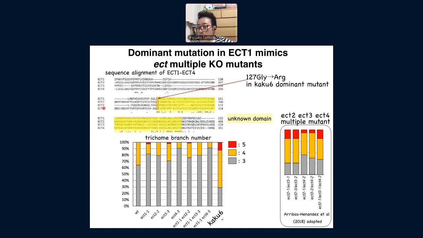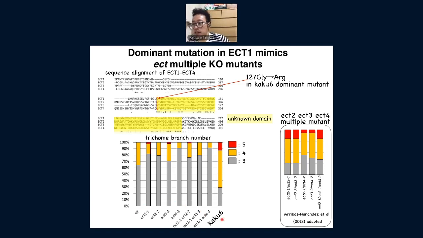This is a sequence alignment between ECT1, 2, 3, and 4. The glycine residue mutated in KAK6 is fully conserved in these ECT proteins, indicating the functional importance of this residue. We have isolated each ect knockout mutant and analyzed the trichome branching.